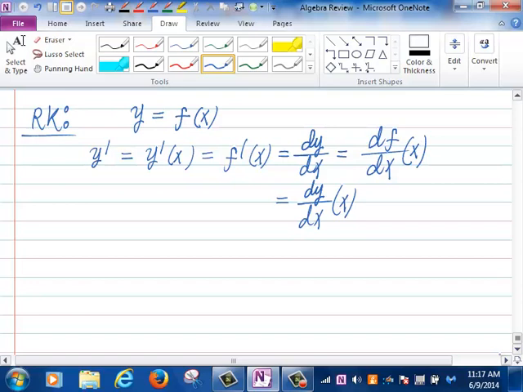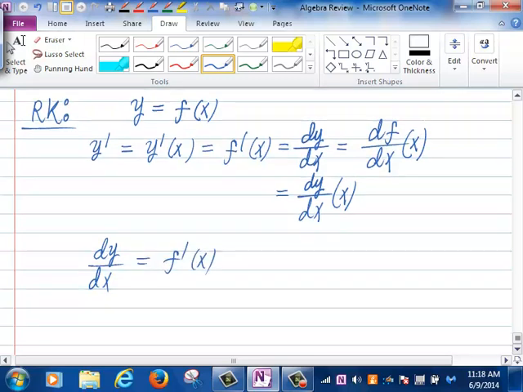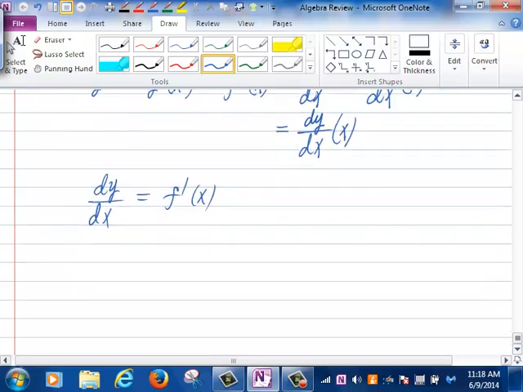Now, sometimes when we use dy dx to mean f prime of x, right? Now let's say you want to evaluate the derivative at 2. So how would you write that?